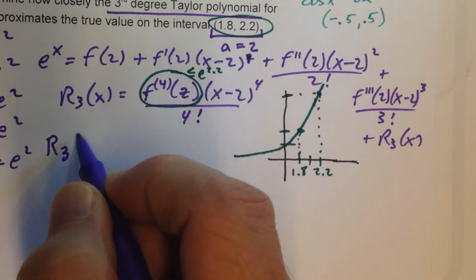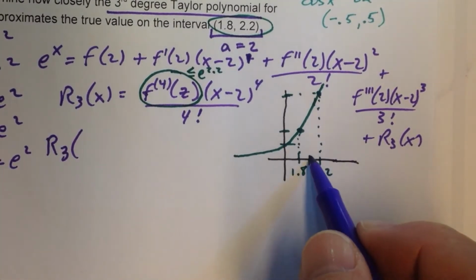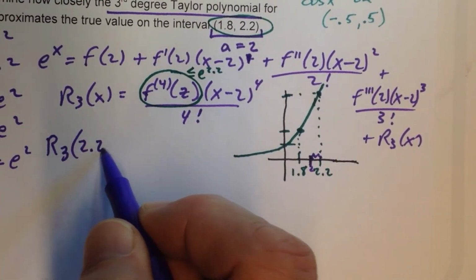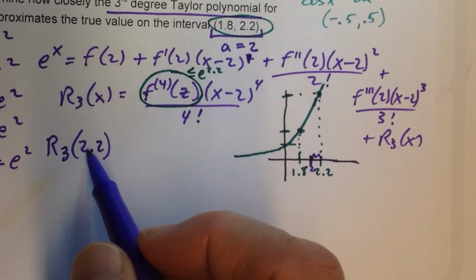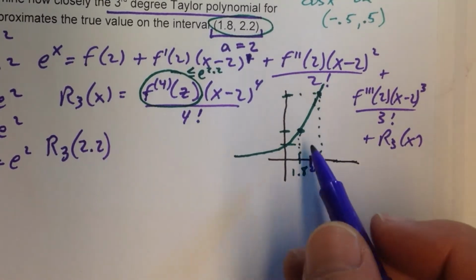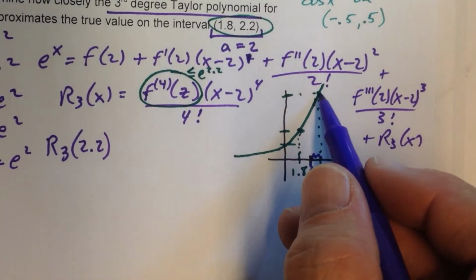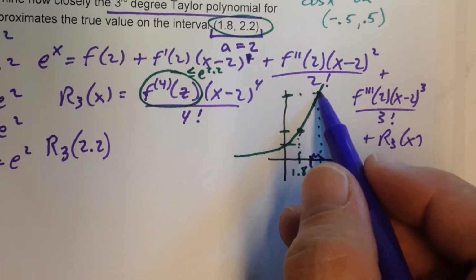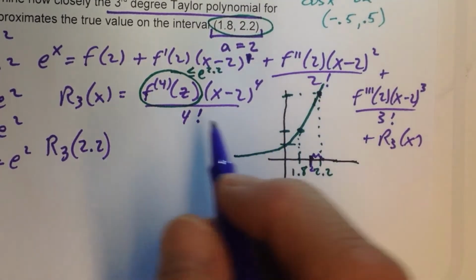So we say R3, and since we're centered at 2, we're going to look at the interval from 2 to 2.2. We're going to let x be equal to 2.2 because that's as far away from 2 as we're going to get, and also where the fourth derivative is at its highest.